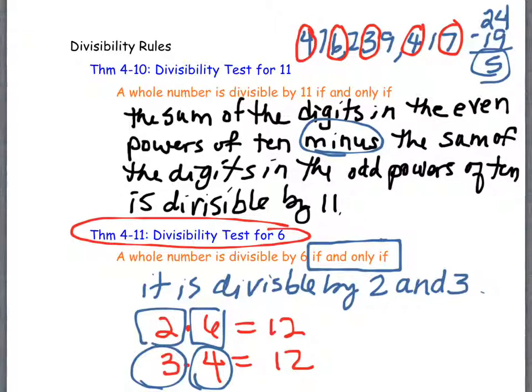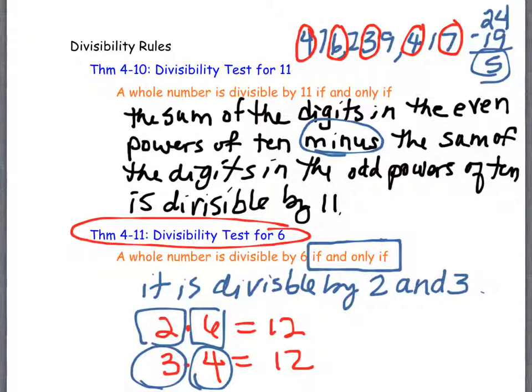That phrase, if and only if, means you can read the description in either direction. So you can say a whole number is divisible by 6 if it is divisible by 2 and 3. Or you can say if it is divisible by 2 and 3, then it is divisible by 6. The if and the then can go either direction when you have an if and only if statement. Yes?